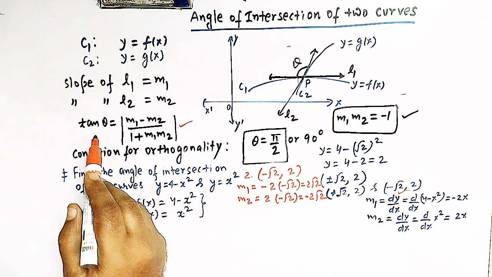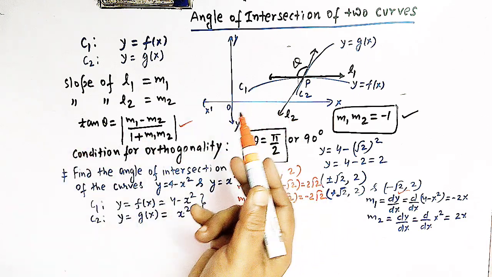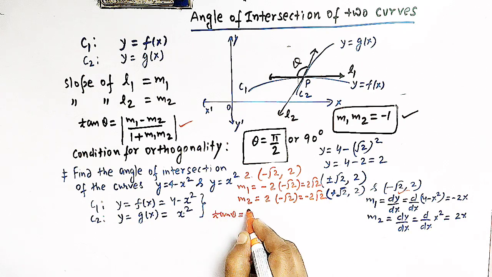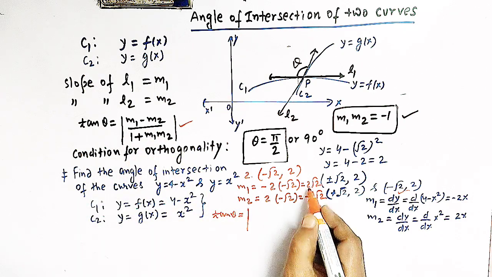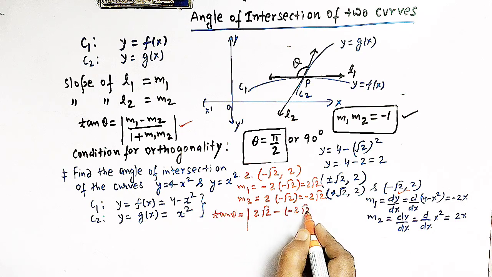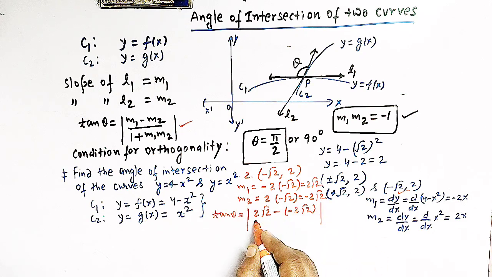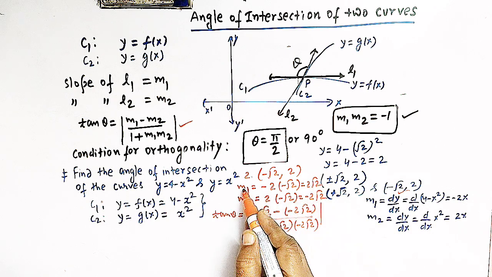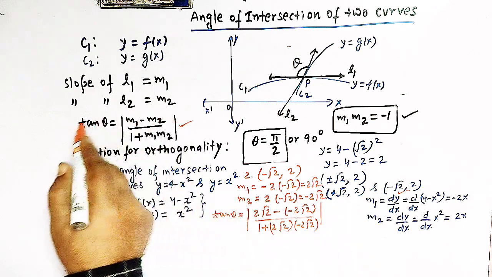So now the angle between the two tangents or the two curves is given by tan θ, and we have m1 minus m2, so m1 is 2 root 2 minus (−2 root 2), and then we have 1 plus 2 root 2 times −2 root 2, substituting the values of m1 and m2 in this result.